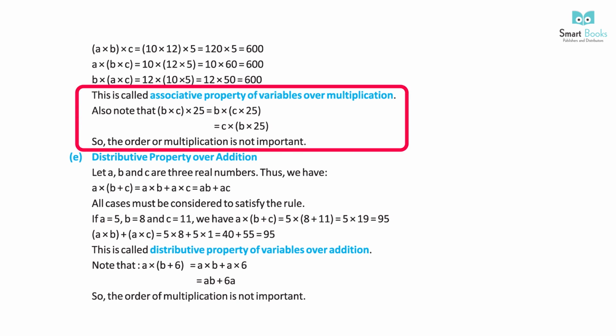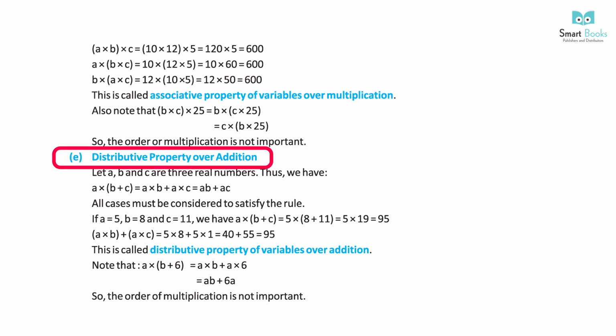This is called associative property of variables over multiplication. Also note that b into c into 25 equals b into c into 25 equals c into b into 25. So the order of multiplication is not important.